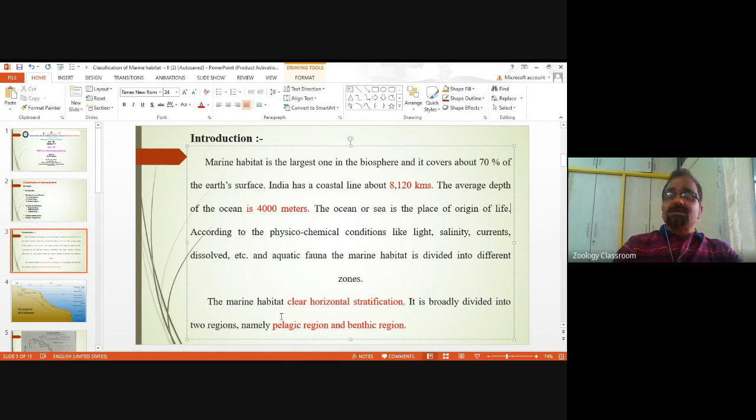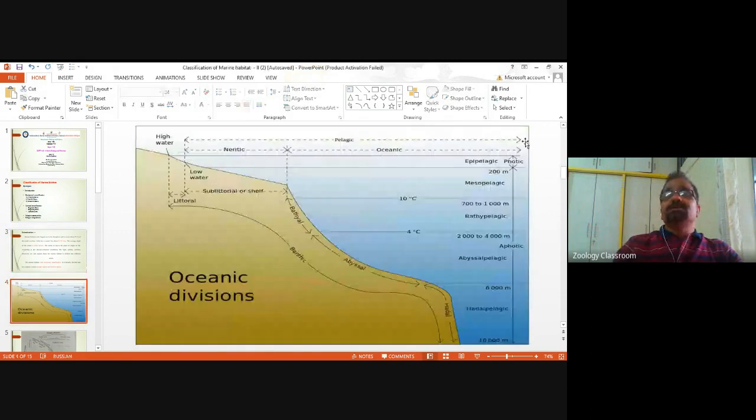In the marine habitat, horizontal stratification is there, and horizontally it is divided into two regions, that is the pelagic region and the benthic region. This surface region is the pelagic region, and this region is the benthic region. These are the two major divisions of the marine habitat.